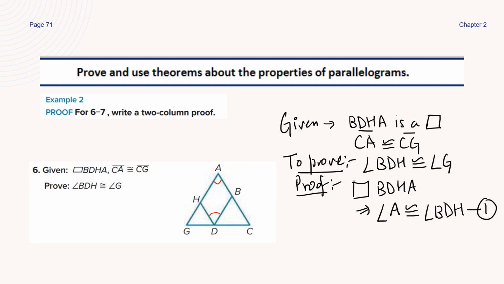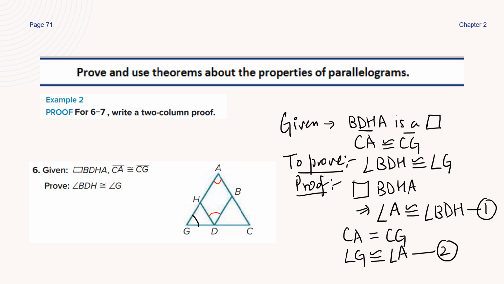Now, CA is equal to CG. So when two sides are equal, the angles opposite to them are equal. So the opposite angle for CA is this angle, means angle G is also congruent to the angle opposite to CG, which is angle A. So these two are also equal.